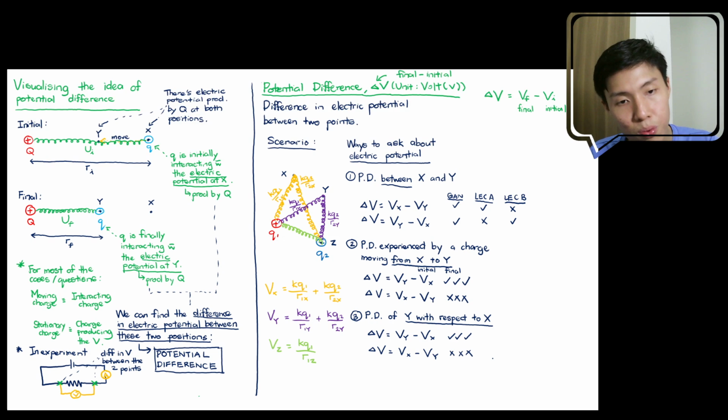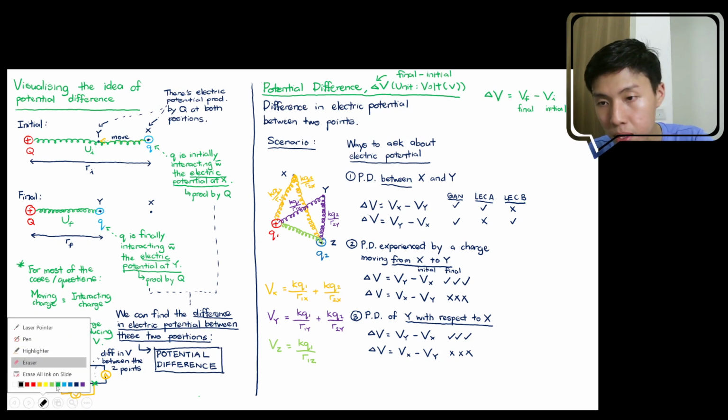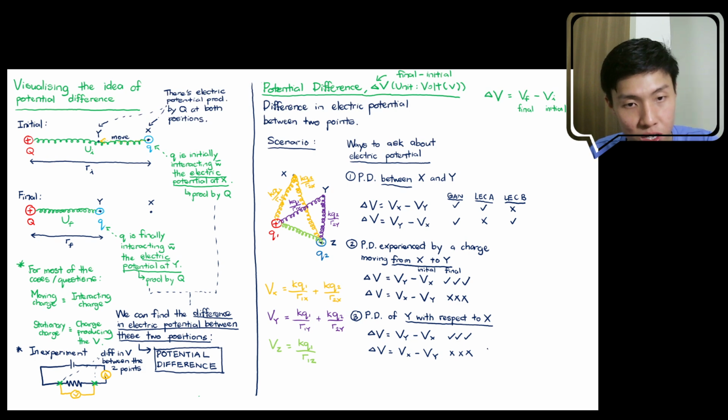Okay, so what we have over here is actually X with respect to Y. I hope you are able to read the question carefully to notice the keywords for this kind of directional thing.